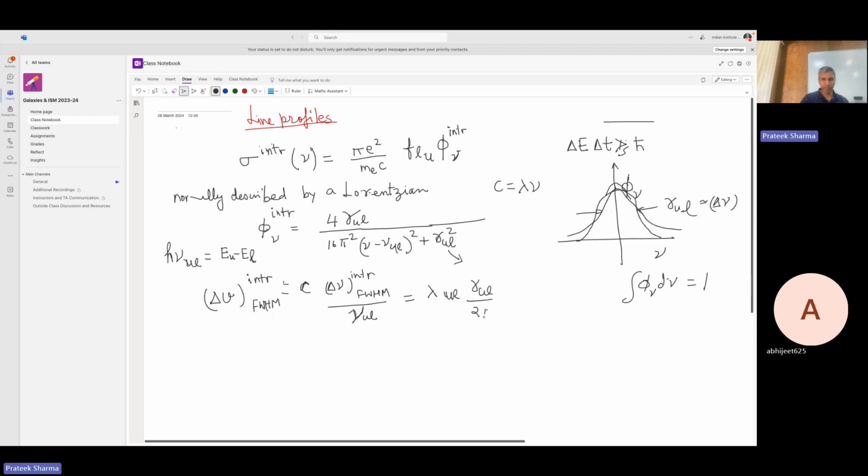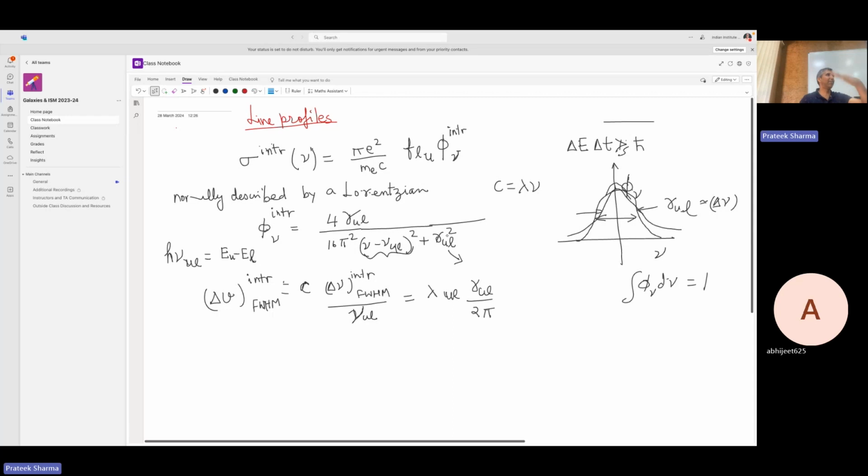Actually, the FWHM, the full width at half maximum of this Lorentzian, you can see at what value of delta nu this 16 pi squared times this squared is equal to gamma UL squared.